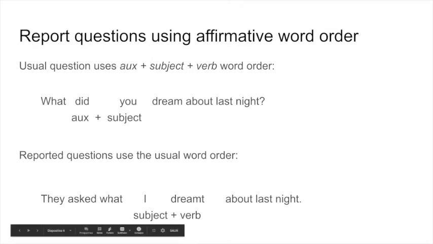And then we have what. Remember to also include the WH question word if we have it. So they asked what. This is the reported part of the question. We're going to start with the subject, then dreamt, the verb. So here there's not going to be any auxiliary before because we're using the affirmative word order.